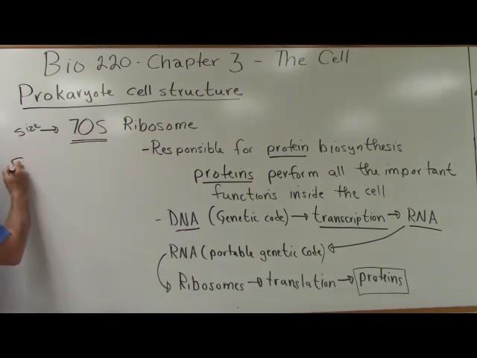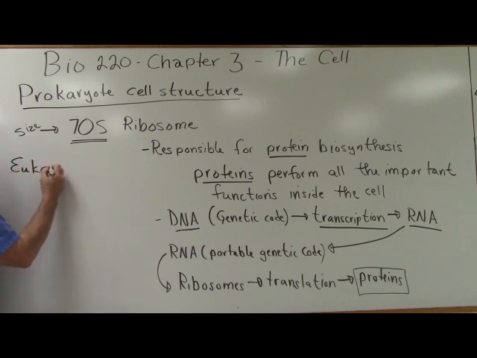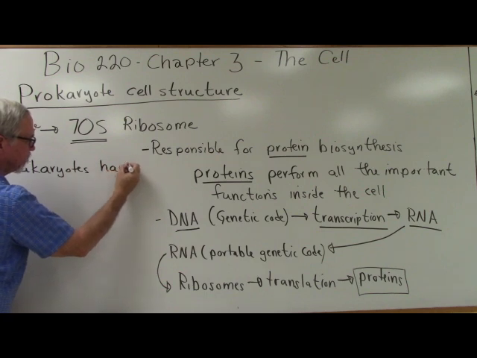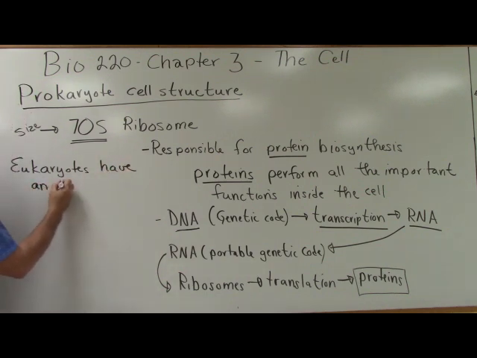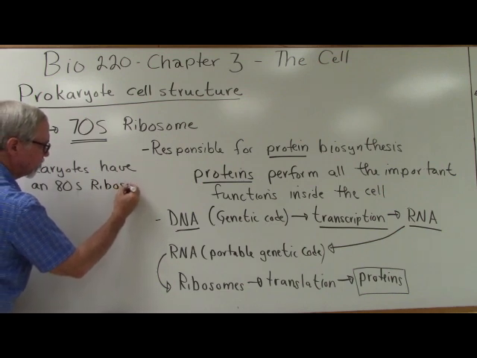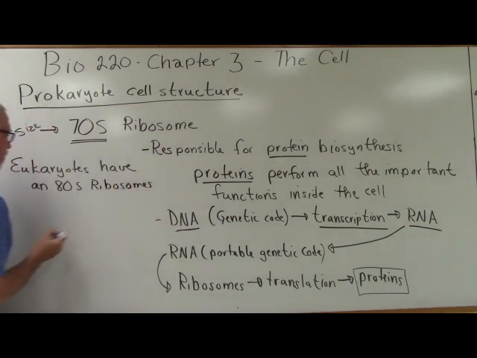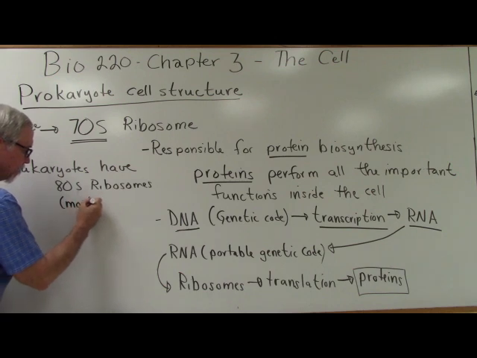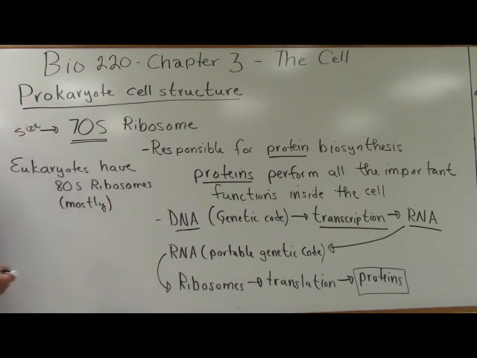So eukaryotes have 80S ribosomes, or have 80S ribosomes mostly, and I'll tell you where the exception is.